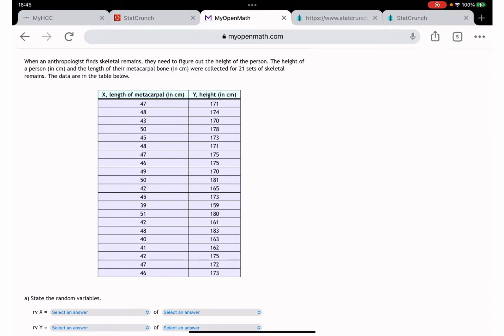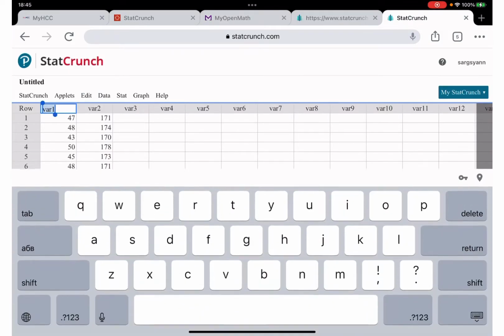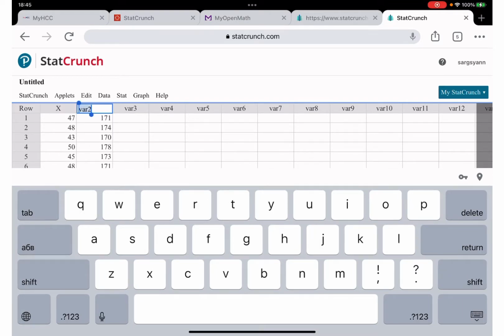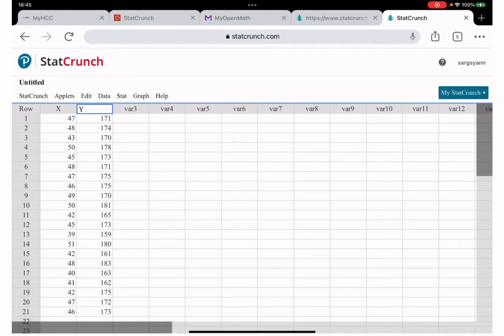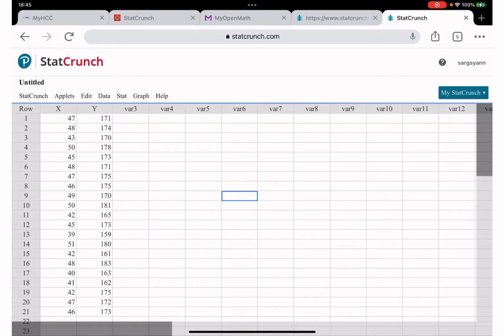And then in the title tab, here, variable 1, you can rename variable 1 as X, and variable 2 as Y, just like I will do. If you haven't copied yet, you can pause this video and copy and paste so we can go together. All right, so let's go.